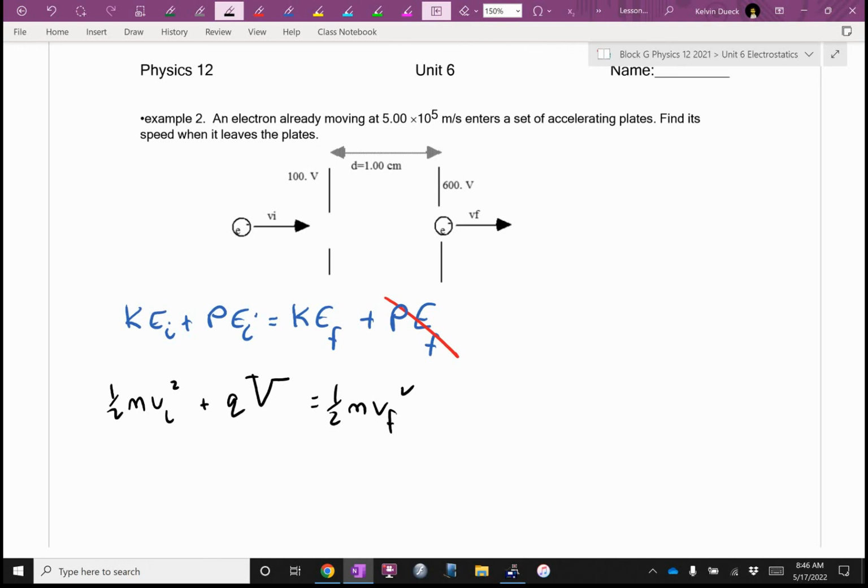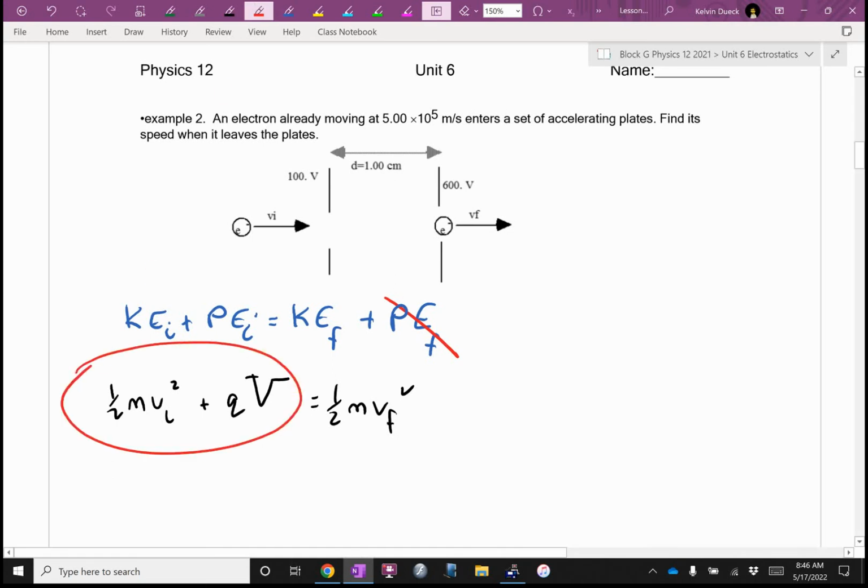No m's cancel. I could multiply everything by 2, but this is about where my love for getting stuff by itself ends. I'm going to crunch this whole left-hand side, get a number, then times by 2, divide by m, square root. So I'm just going to start to plug in numbers.